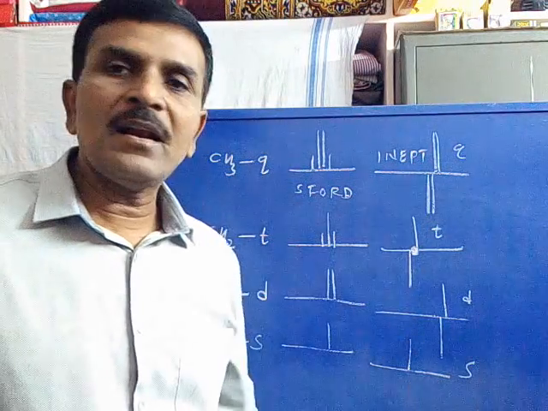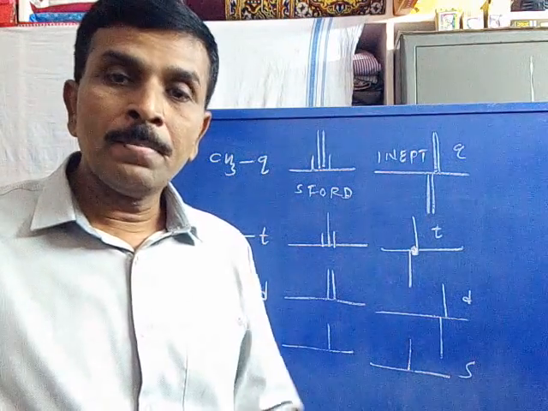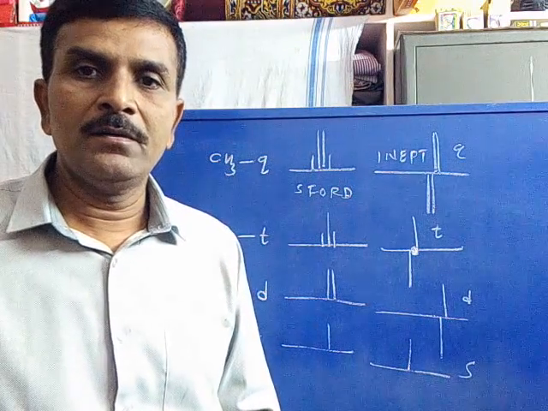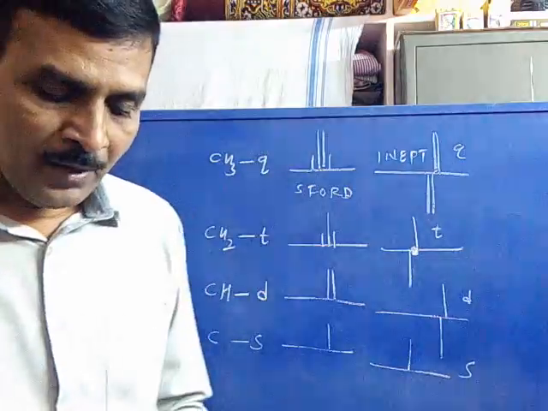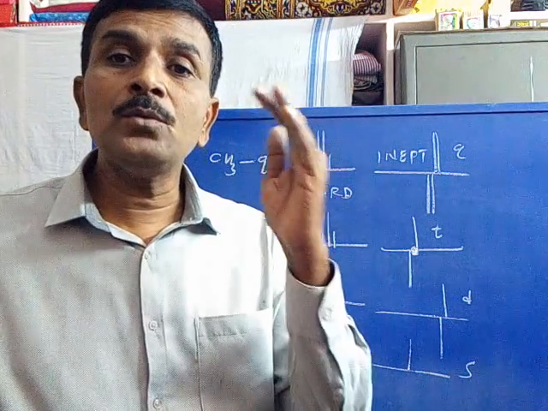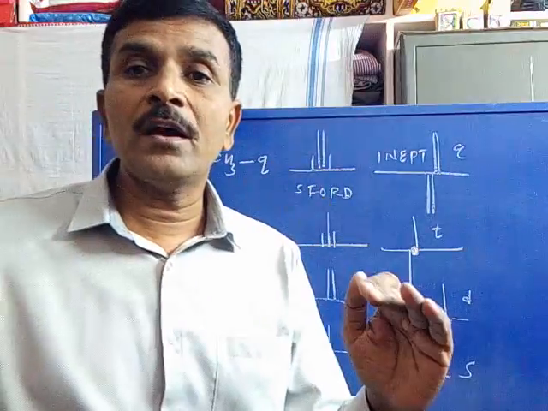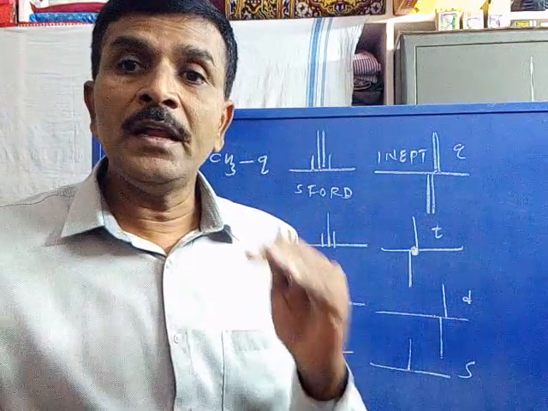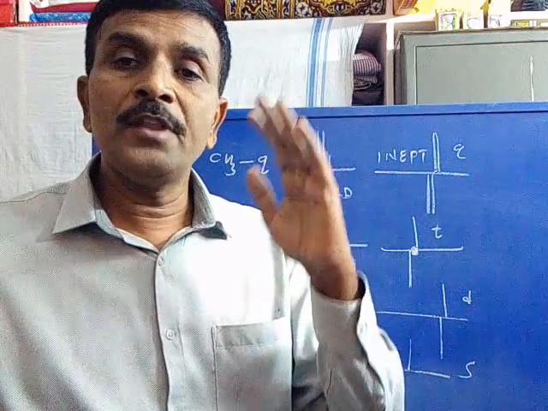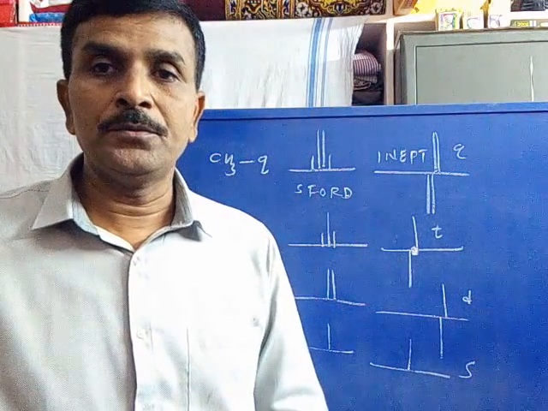So this is the pattern of recording the multiplicity lines in the INEPT experiment. Now in the INEPT experiment, the multiplicity lines related to the signals of every carbon are accommodated, few of them as positive, few of them as negative.